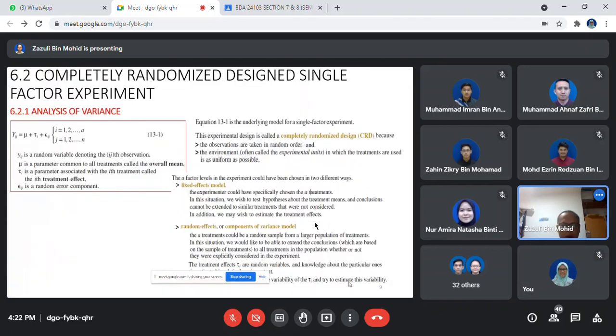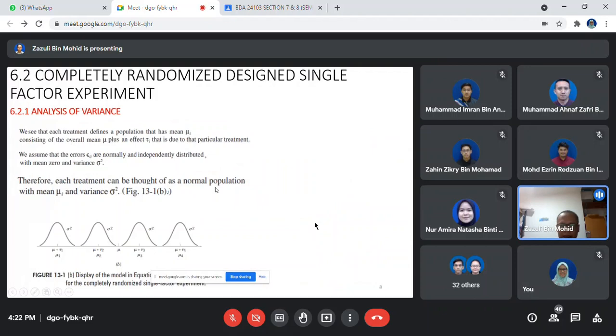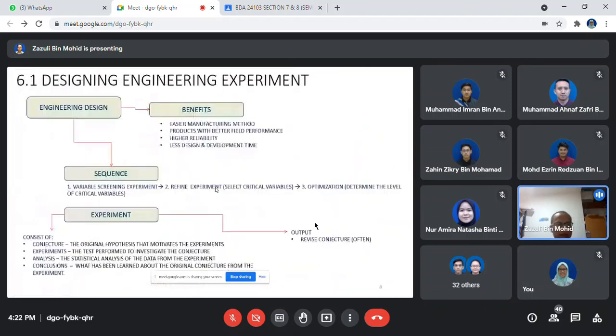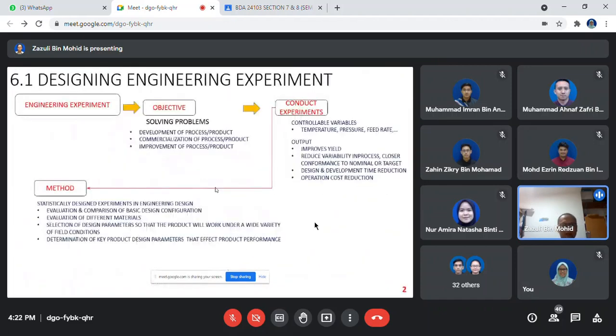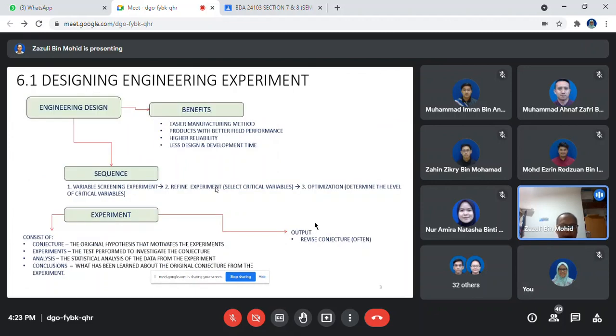So today I already uploaded another set of slides for this chapter. If you see the second slide, you can see some of the benefits, objective, the method of how we can conduct the experiment, and also the sequence of doing the experiment, designing the experiment, and what are those things that we have to do.